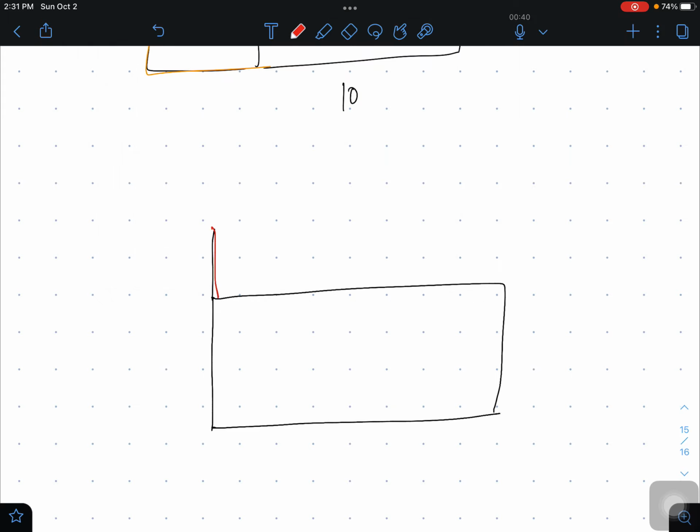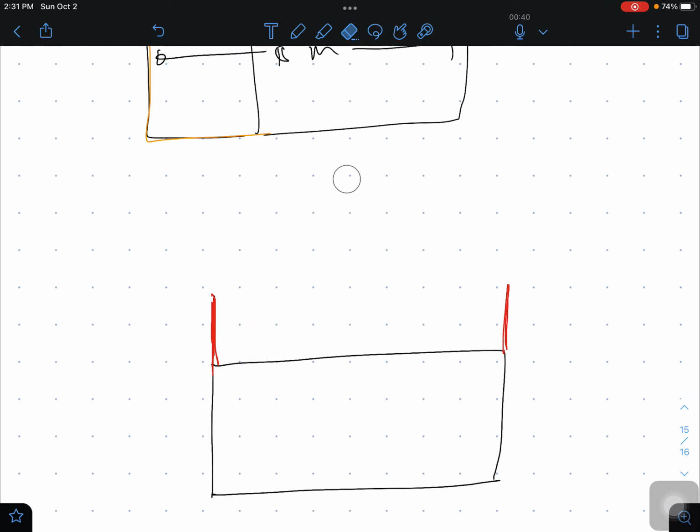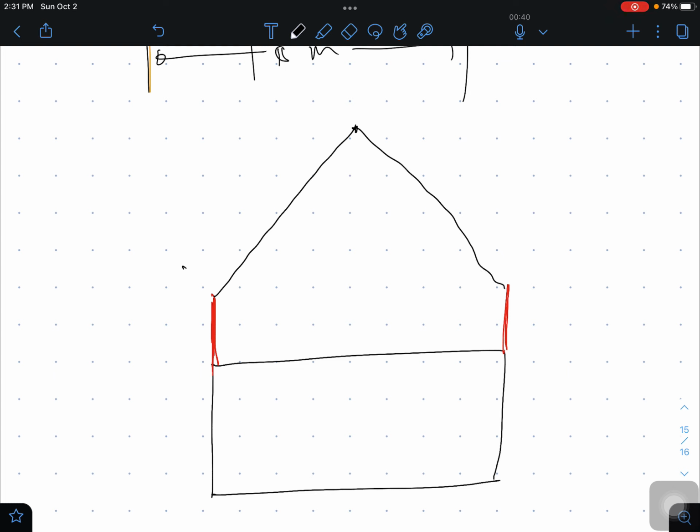So these are our rods. Again we will apply the same method. Rolling sphere. This is 30 meter. This is also 30 meter. This is 90 degree.